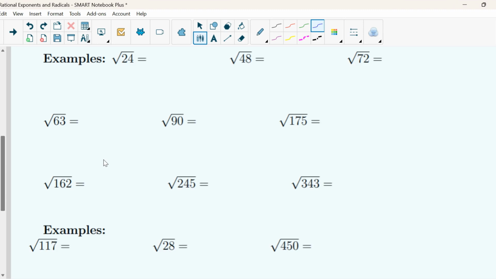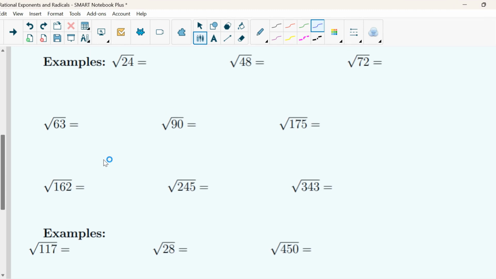All right. So looking at the examples here, whenever I'm simplifying radicals, I do find it helpful to write down the perfect squares. So just writing them down, I've got 1, 4, 9, 16, 25, 36, 49, 64, 81, 100.